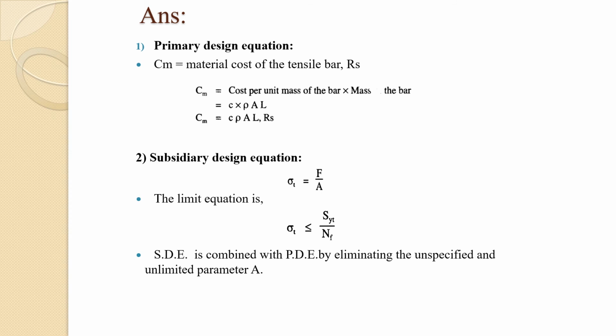So remove the capital A and combine the SD with the PD. So Cm is equal to c into rho into F into L divided by sigma T. We already eliminated the capital A and developed the new PD. This is the case of normal specification. When all subsidiary equations can be combined with the PD, it is the case of normal specification.